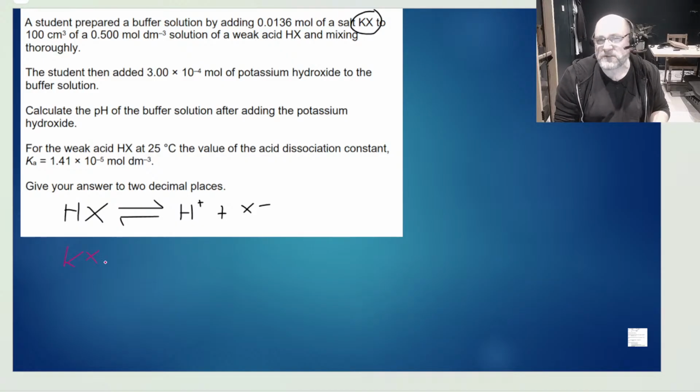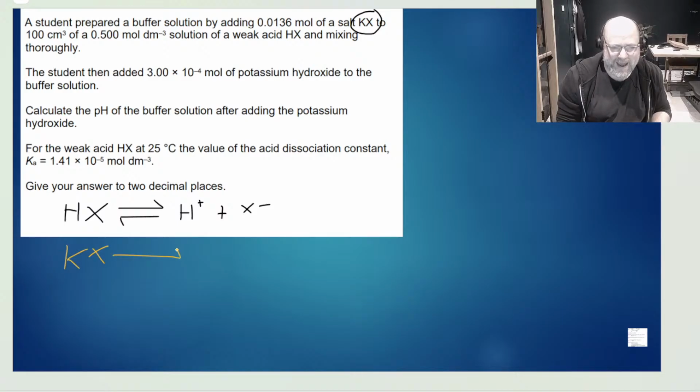Now the salt KX is going to be almost 100% soluble, so we're not going to use a reversible symbol. That's a crap color to do, isn't it? What shows up? Maybe yellow. Yellow and blue, that's probably repulsive as well. Right. So KX is going to fully dissociate. We don't have to worry about the potassium ions. They're going to do nothing.